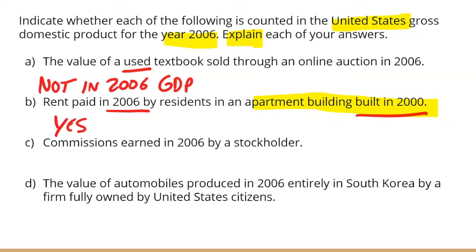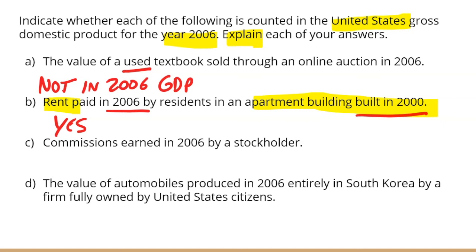So although the building itself was built in 2000, the rent is considered to be a service provided in the current year of 2006. Remember, if we go back to our definition of GDP, GDP is the total products that are sold, of goods and services. So if you provide a service, that is considered to be part of the GDP.